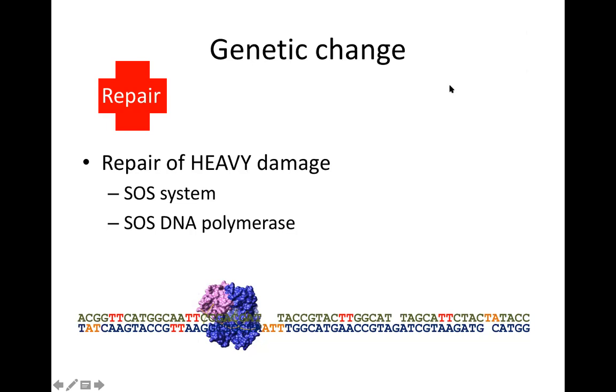It'd be like if I took Ashlyn and I put her in a boat and I poked a bunch of holes in the boat and it started sinking, and Ashlyn would just grab anything that's around her to plug into those holes, right? She's not going to analyze the structural integrity of substance 1, 2, 3, 4, and 5. She's going to take them. She's going to start filling those holes so that she doesn't sink. And that's what SOS polymerase does, right? It just starts laying down nucleotides as quickly as it can, right?